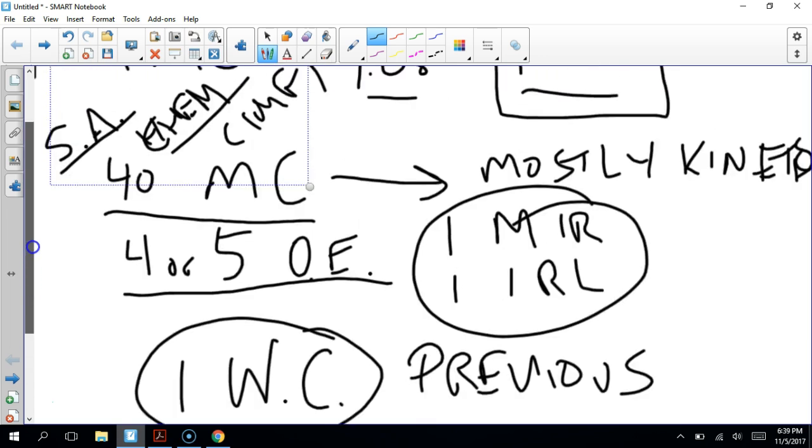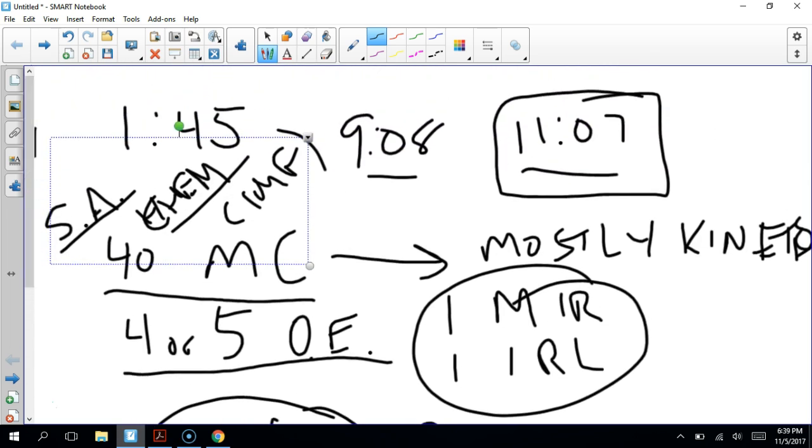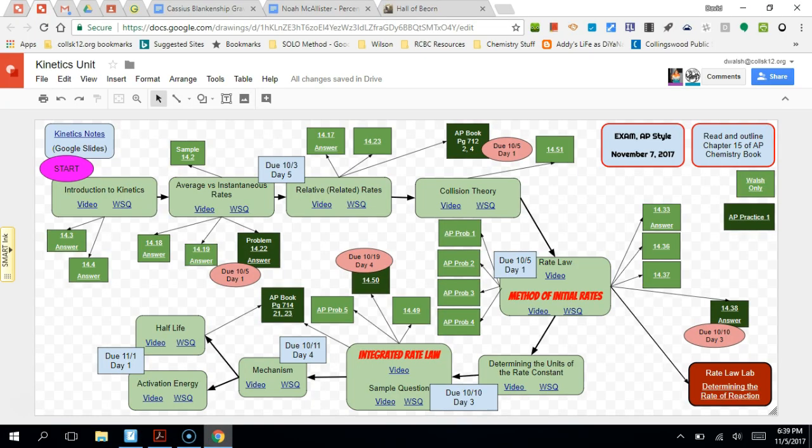Now, when I think about multiple choice questions, going back to the mind map, I really think of related rates questions. I think of average versus instantaneous rate. I think about collision theory.